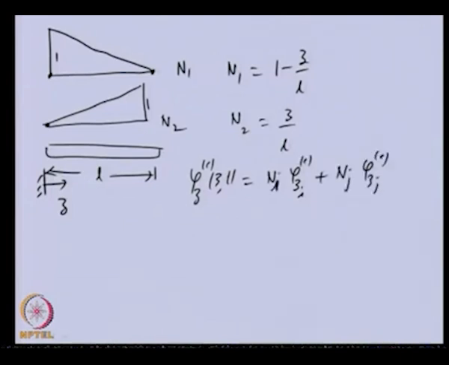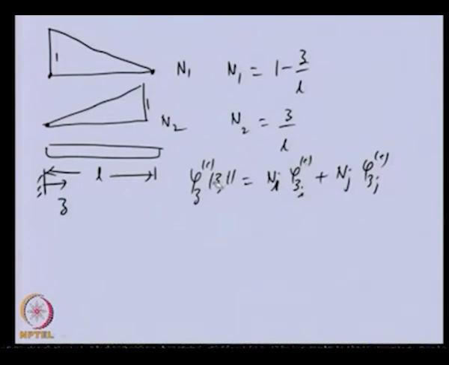This is Ni, corresponding to node I, and this is corresponding to node J. If we want the value of the field variable at z equal to 0, this will be 1, this will be 0, and that gives us the field variable at the ith node.